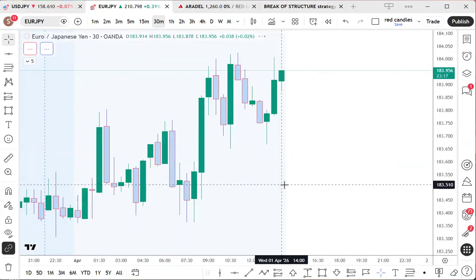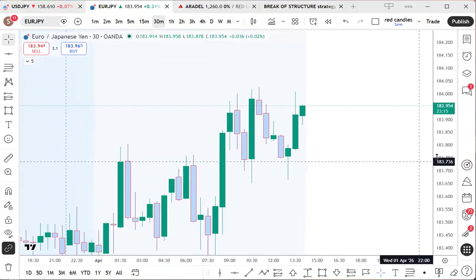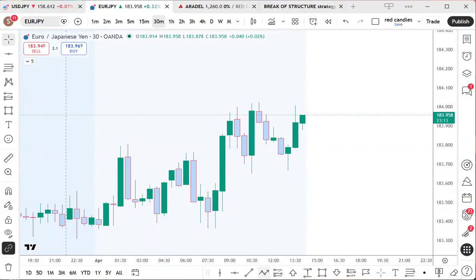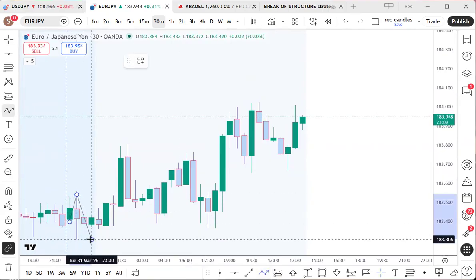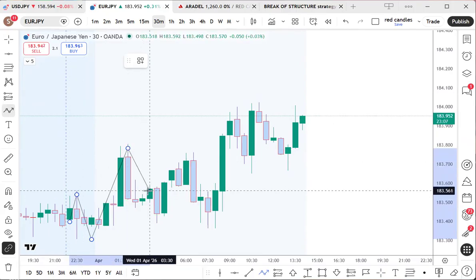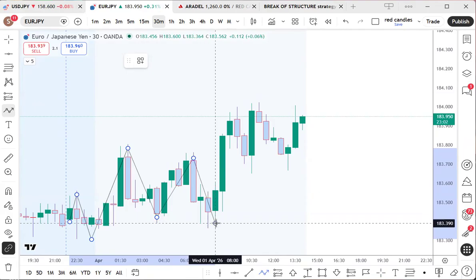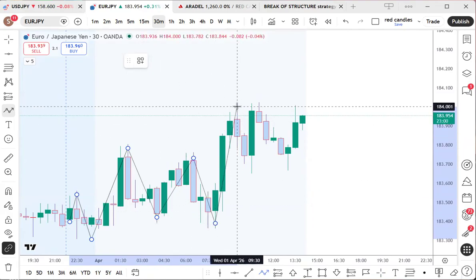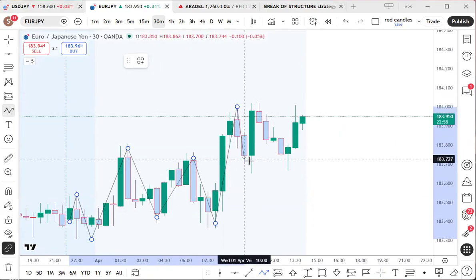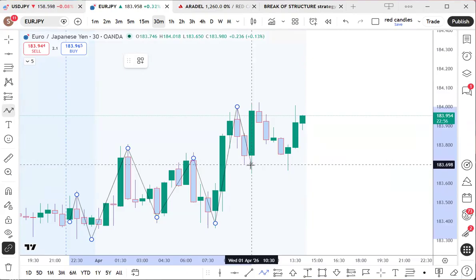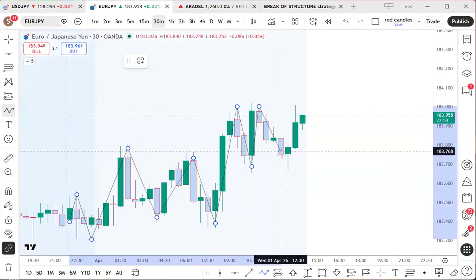Okay, let's look at the next one. This is Euro Yen. Let's see what it's doing. It moved up initially, and then a nice break of structure, a nice pullback, another push up, a deeper pullback there. Then you get a very nice push up during London session, and then it pulls back and comes back up here.